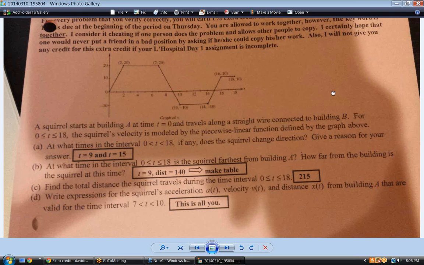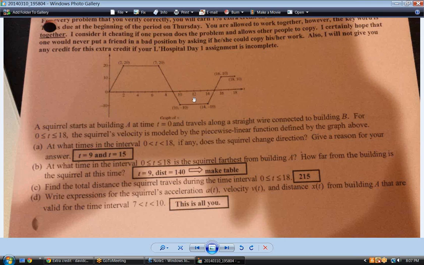All right, let's see. C, find the total distance the squirrel travels from 0 to 18. Well, it would be the positive area there, which we know is 140.